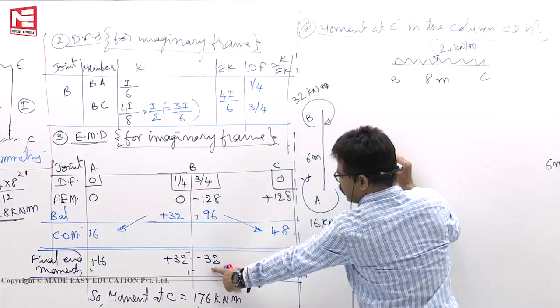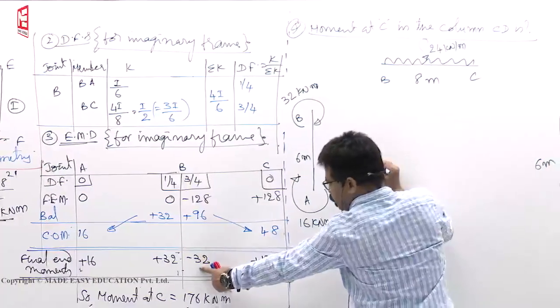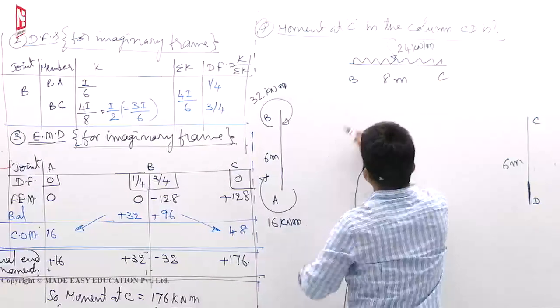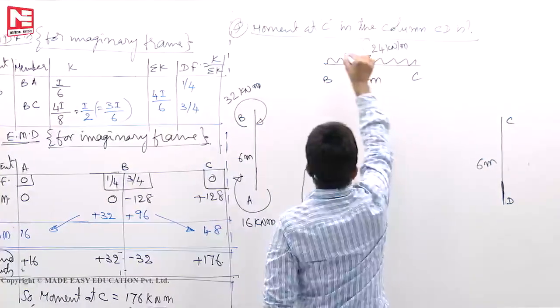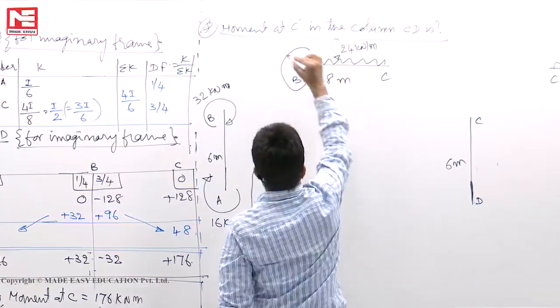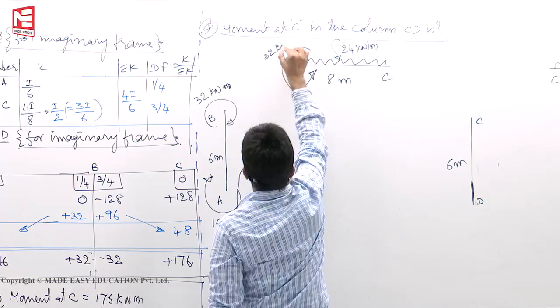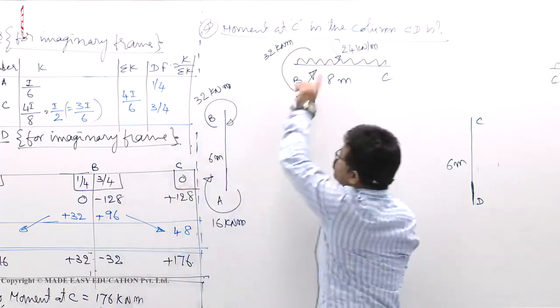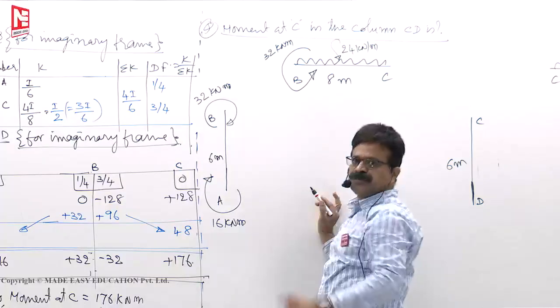Next, this is minus 32 at B for the member BC. Minus 32 means anti-clockwise. Because minus, you put anti-clockwise, and the minus sign we should not write.